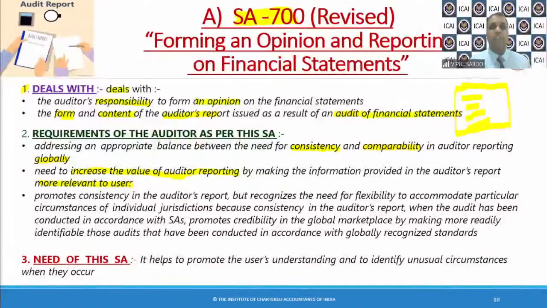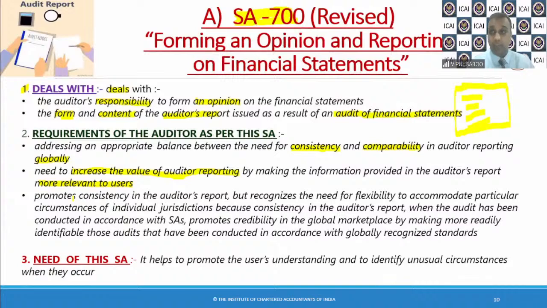While he's giving out his audit report, we need some extra information, which helps us in making our financial decisions. So auditor reporting got importance and some extra information, some major information was asked for in the audit report relevant to the users. Key audit matters is just an example of that.